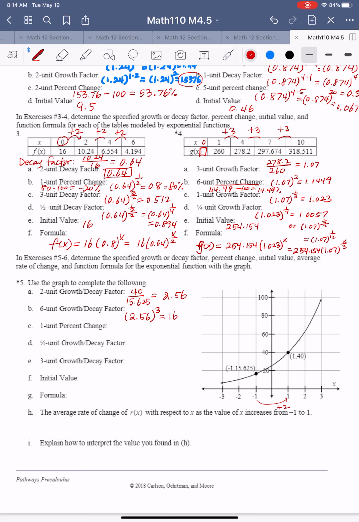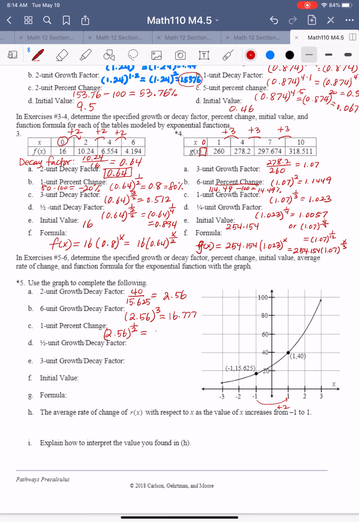Then 16.777, that's how much increase every 6 units. And then 1 unit percent change, which means I need to find the 1 unit growth factor. So 2.56, and then 1 unit means 1 over 2, right?